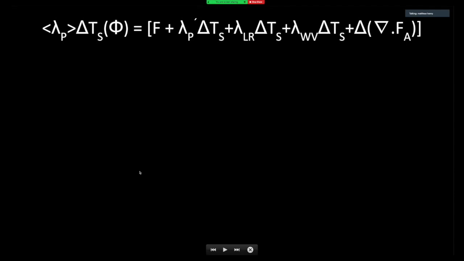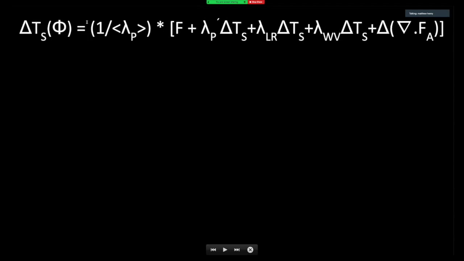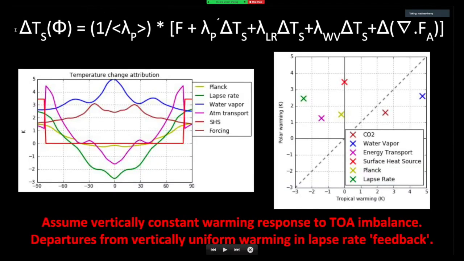And then you just put the term that is the latitudinal mean of the Planck feedback times the surface temperature change on one side, and divide everything by this latitudinal mean of the Planck feedback. And so then you get a surface temperature change decomposition according to various terms of the top of atmosphere energy budget that I show here. So the Planck, lapse rate, water vapor, atmospheric heat transport, surface heat source, which I add as an extra term, and then the forcing from CO2.